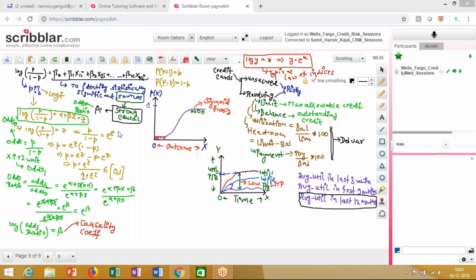Right. So now once your key risk drivers are identified and your model is developed, the next thing you need to do is start working on your model validation. So the question is, how do we validate the model?